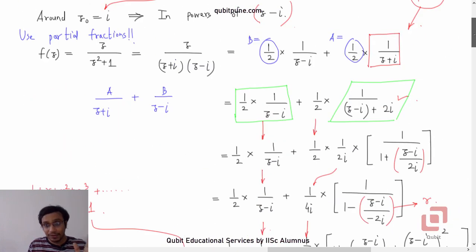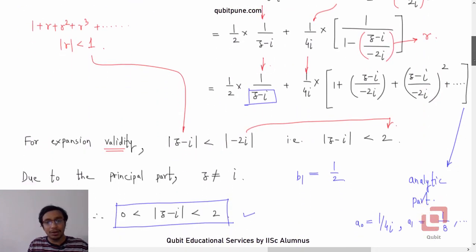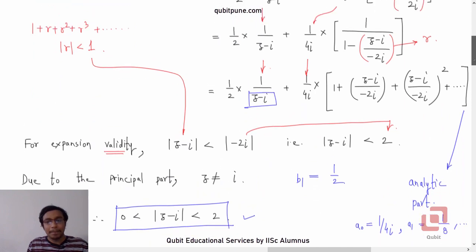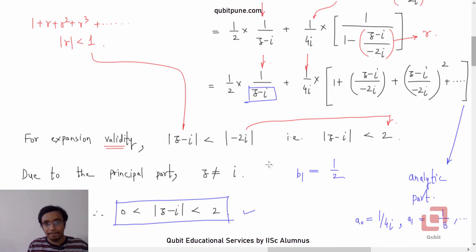Which means the Laurent series of the same function can be different in different regions of convergence. For the first one we got a series consisting of only a single term in the principal part or singular part, and all other terms were in the regular or analytic part, all the positive powers of z minus i as well as the constant term.